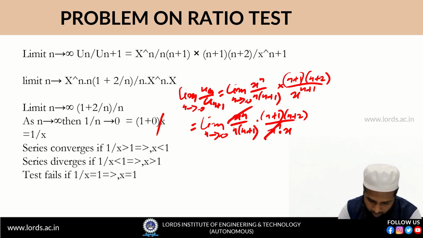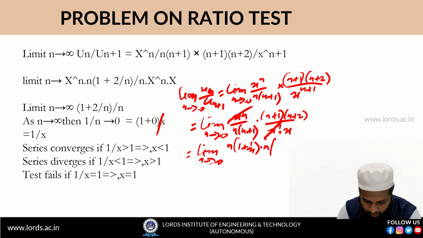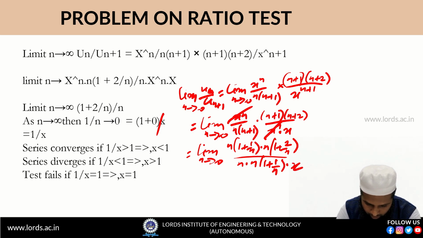Now we take n common from the numerator factors: 1 plus 1 by n, and 1 plus 2 by n, divided by n already there. Taking n common in the other factor gives 1 plus 1 by n, and x remains as it is. Now you can do the cancellation; these n's get cancelled.